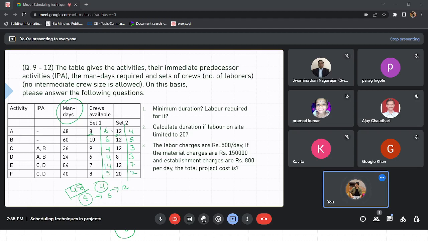Is this correct? The duration calculation? Yes.